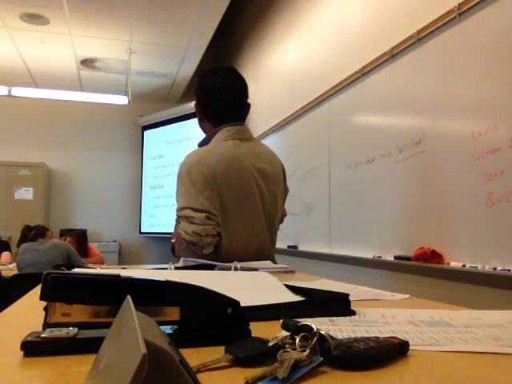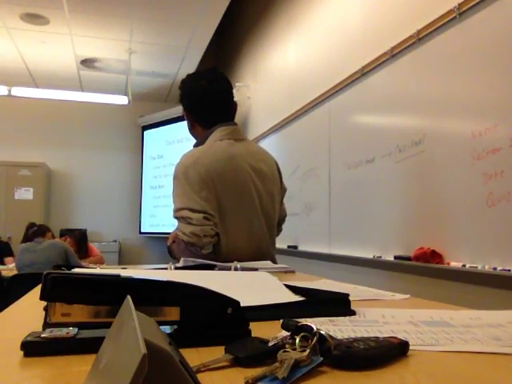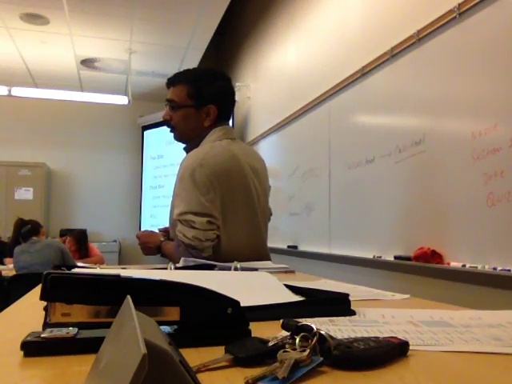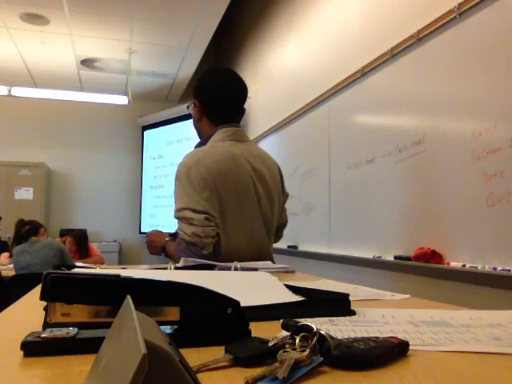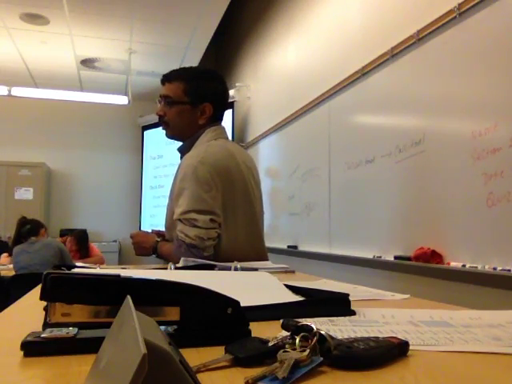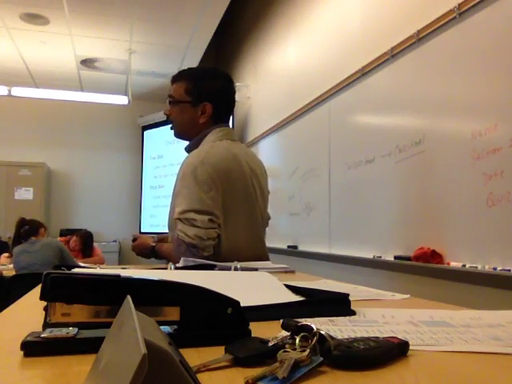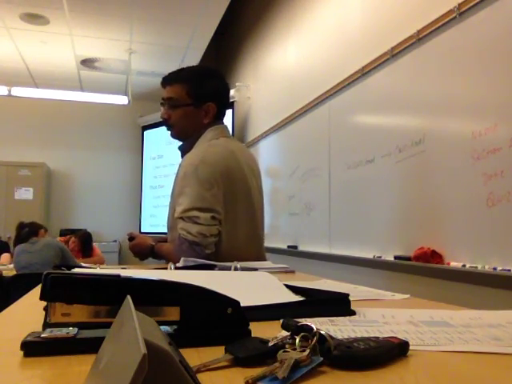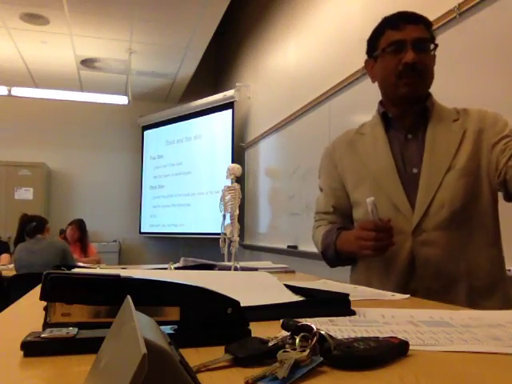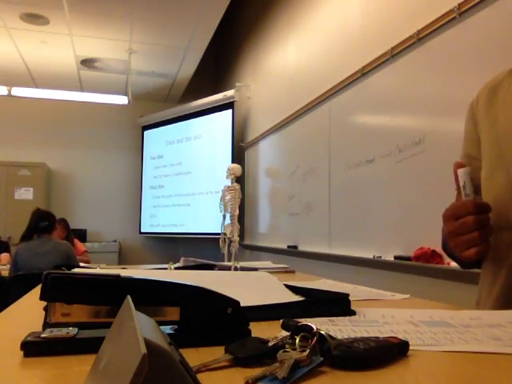Very good. Now, another way we can divide the skin is by looking at the presence or absence of hair. Hairy skin and non-hairy skin. Okay, so those are the 2 ways we divide the skin.